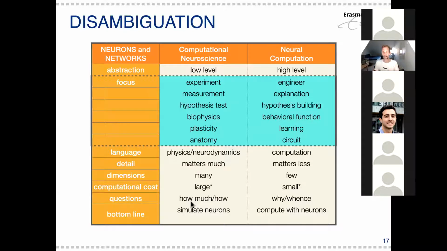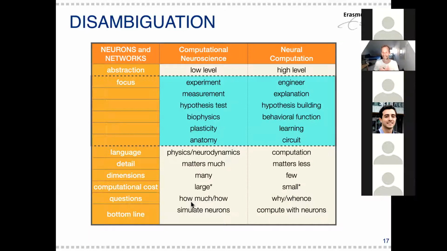That's why there are these language differences, although people can exist in both again. So the language is physics and neurodynamics for computational neuroscience, whereas it is computation, like in computer science, for neural computation. A lot of people working on neural computation come from a computational neuroscience background.